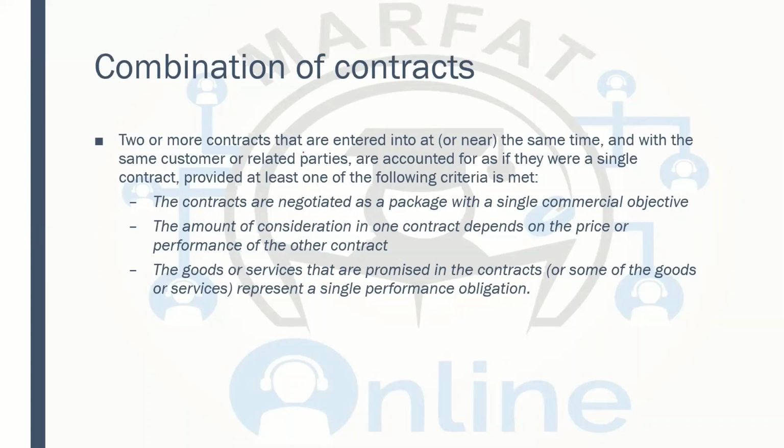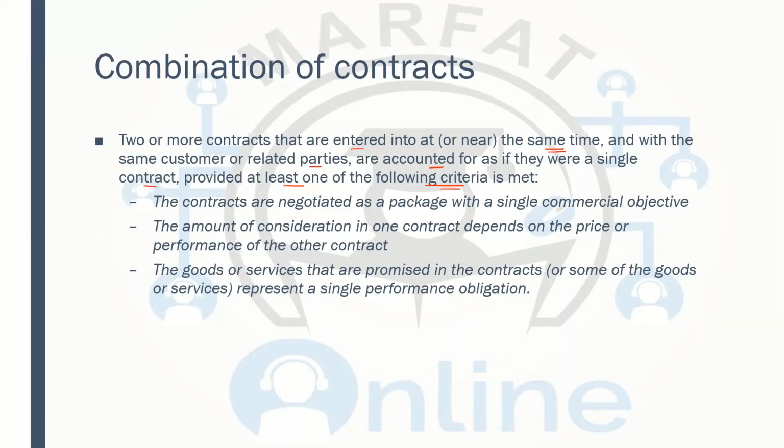Two or more contracts that are entered into at the same time, for example, if I am a vendor and I'm going to do two or three contracts with a customer or the related parties, are accounted for as a single contract, provided at least one of the following criteria is met.